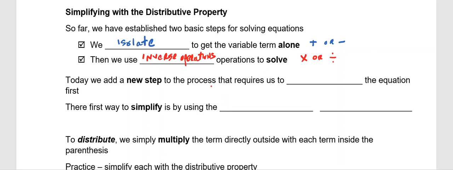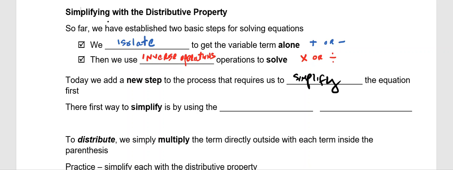So today, we add a new step to the process that requires us to simplify the equation first. And that's going to allow us to get to a point where ideally we're looking at a two-step equation that then allows us to isolate the variable term, followed by solving for the variable.